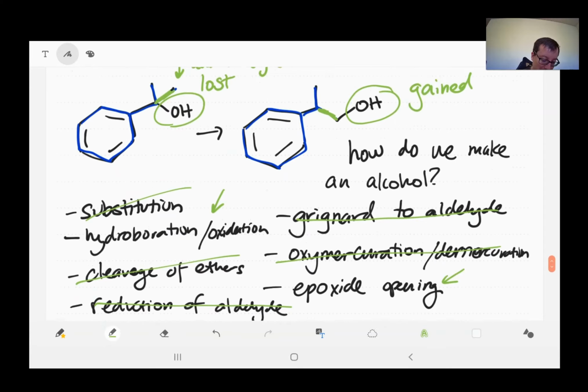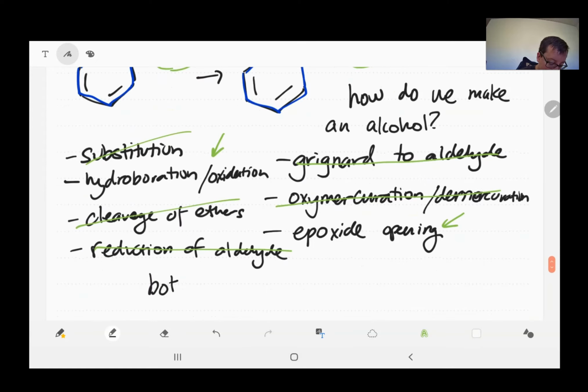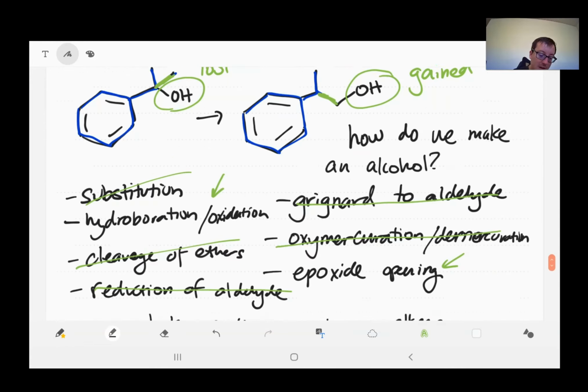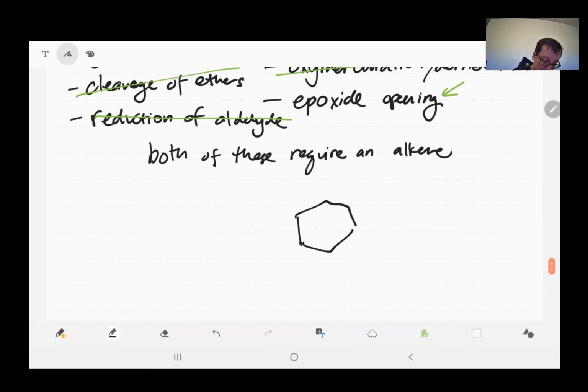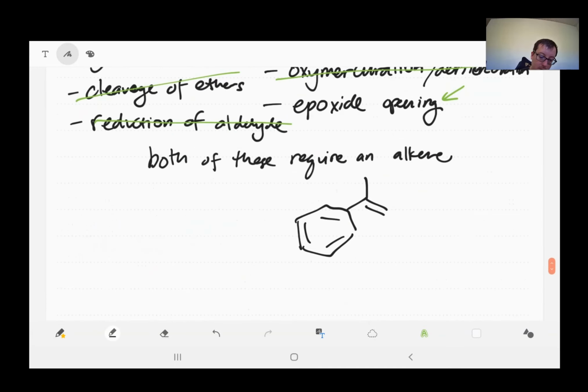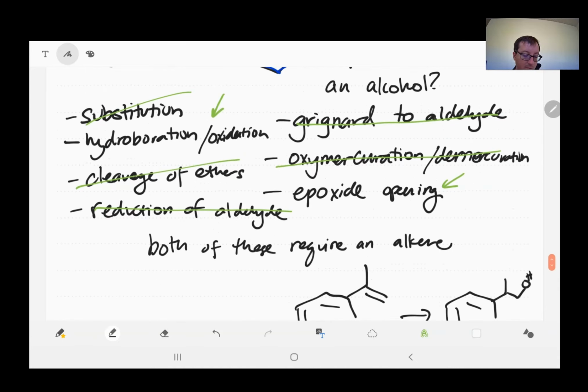Okay, well, anyways, in either case, we need an alkene. For both of these, we want to think, how can we get an alkene here? So we probably will need this alkene if we want to throw that alcohol on there. So we know we can go from our alkene to our alcohol, either through opening an epoxide or through hydroboration oxidation.